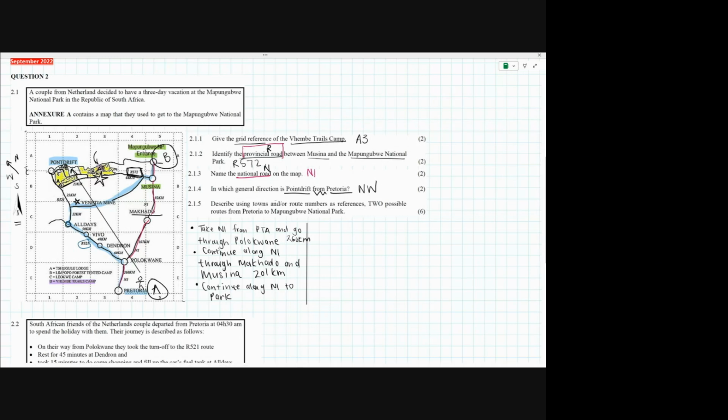At the fork in the road, go to the right, or you could say head north because you do have a compass direction, for 22 kilometers, and then go right along, we don't have a road name here, past Venetia mine, all the way to the R572, another right, and into the park. Again, be as clear as possible. I need to be able to get to where I need to be without this map.